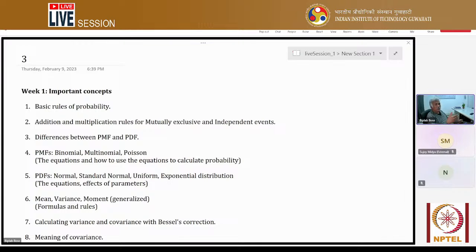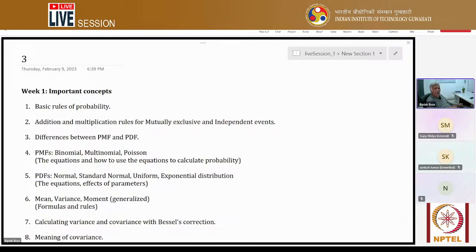If you want to learn how a statistical technique works, you have to know the background aspects of probability theory. Without probability theory, you will not be able to understand how a particular statistical technique works and how to make meaning out of it. That's why we insist that at least the basic level of probability theory one should know.